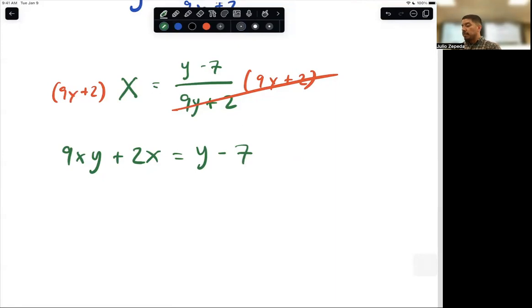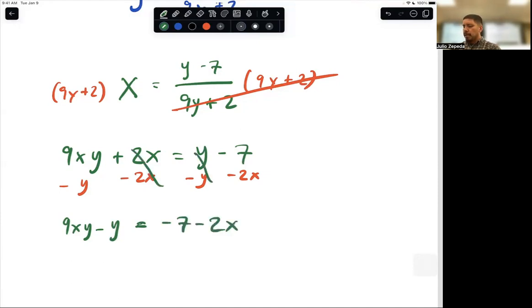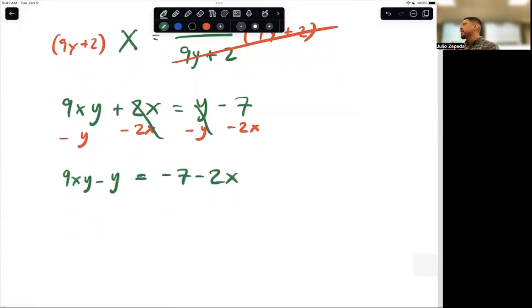Yeah, maybe we can try to combine them. So at least let's get those terms on the same side. We'll have better luck trying to combine them if they're on the same side. So we have 9xy minus y equals negative 7 minus 2x. But those are not like terms, so we can't really combine them because one has an x and one doesn't. What's the alternative approach?